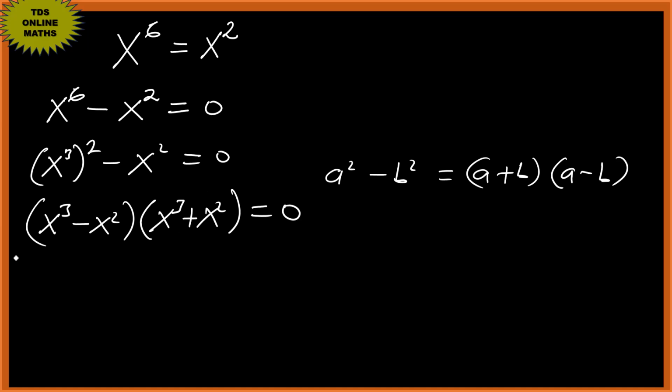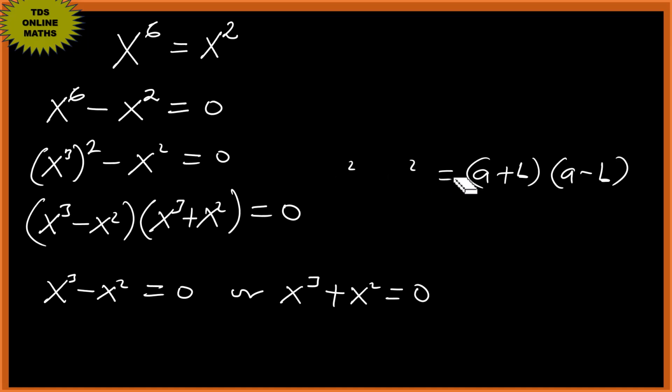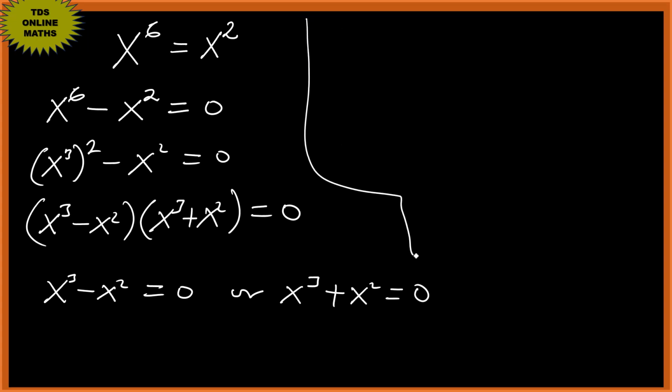So the first part of the question, we have x cube minus x squared equal to 0, or x cube plus x squared equal to 0. Let's start with when x cube minus x squared equal to 0.